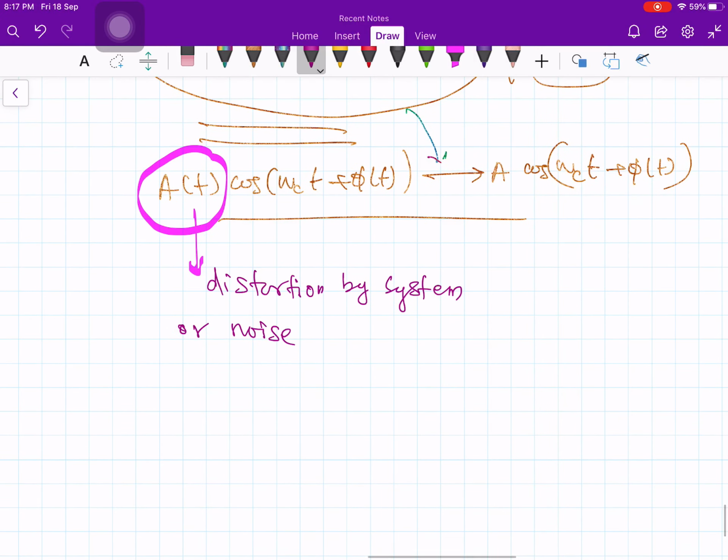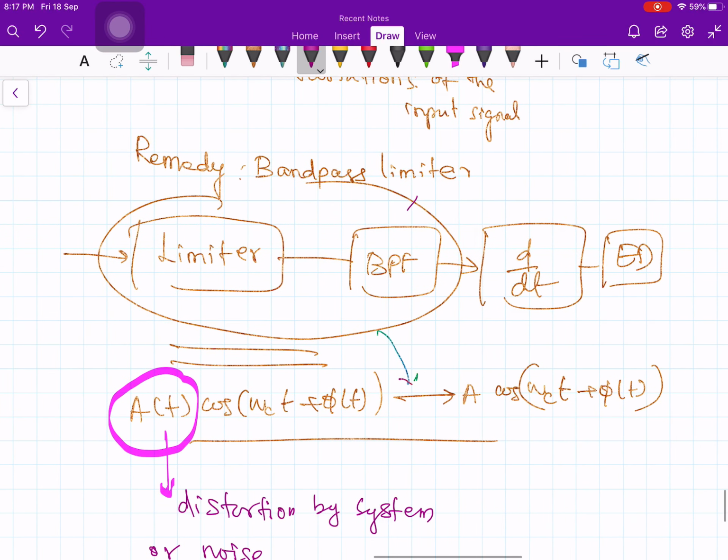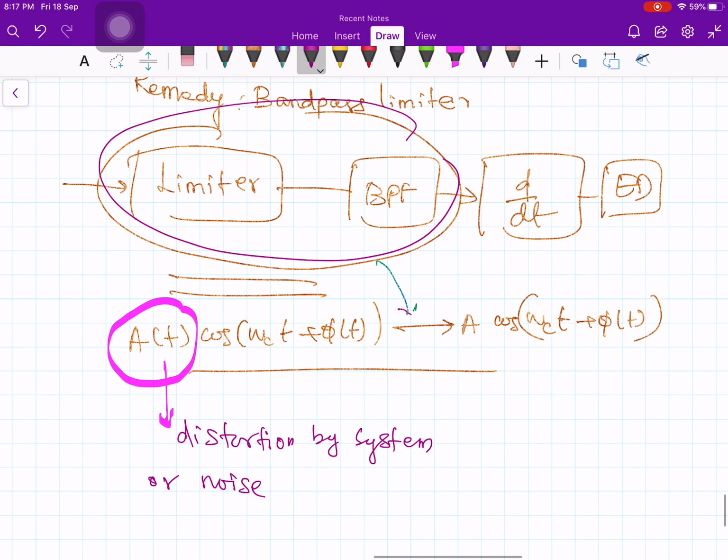So this is the block diagram of your bandpass limiter, followed by your FM demodulator, d by dt followed by envelope detector. The bandpass filter is tuned to the carrier frequency fc. This limiter and the bandpass filter as a whole is known as the bandpass limiter.